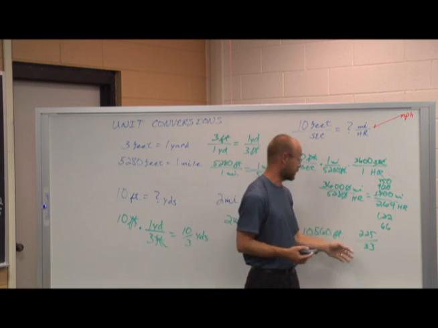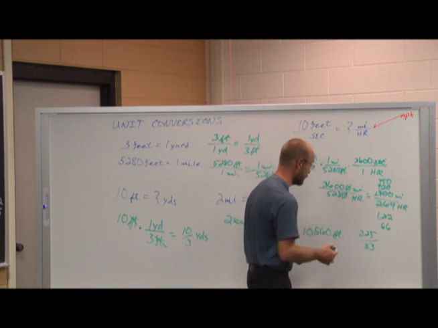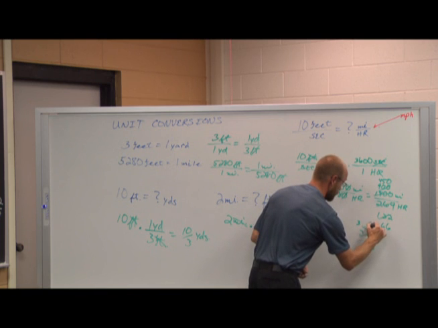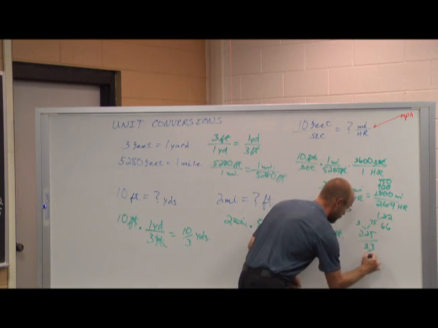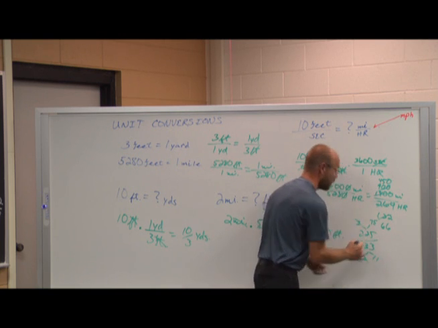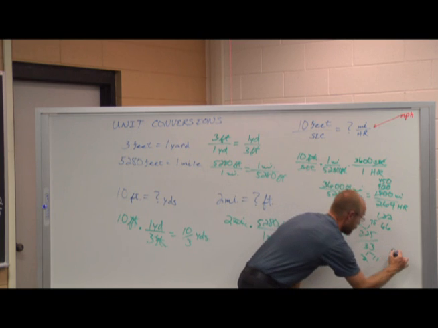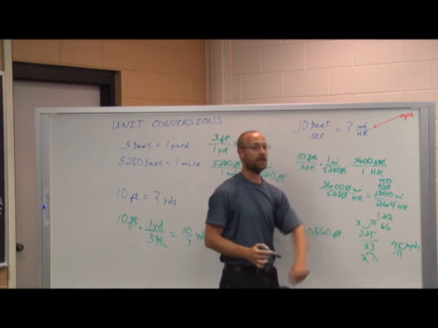Well, let's try another number. I know this is divisible by 3. Maybe this is divisible by 3. And it is. So we could say, okay, well, this is the same as 3 and 75. And this is the same as 3 times 11. Well, good news. We finally got to a prime number. So we can just write our answer as 75/11 miles per hour, MPHs.